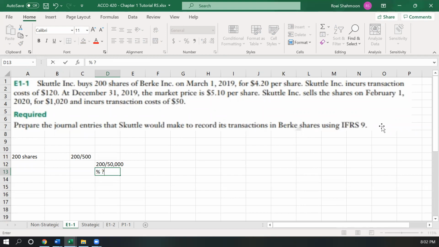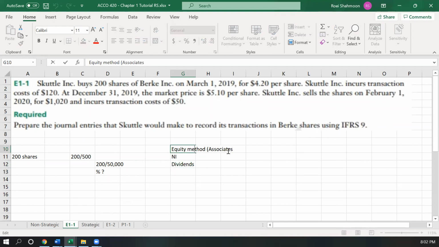And the second thing is IFRS 9 corresponds to financial instruments, which is your little hint. The other way you would know is that in this question, you're not given net income or dividends, which you would need for the equity method, which is for associates. We will take a look at that after this question, with the strategic investments.